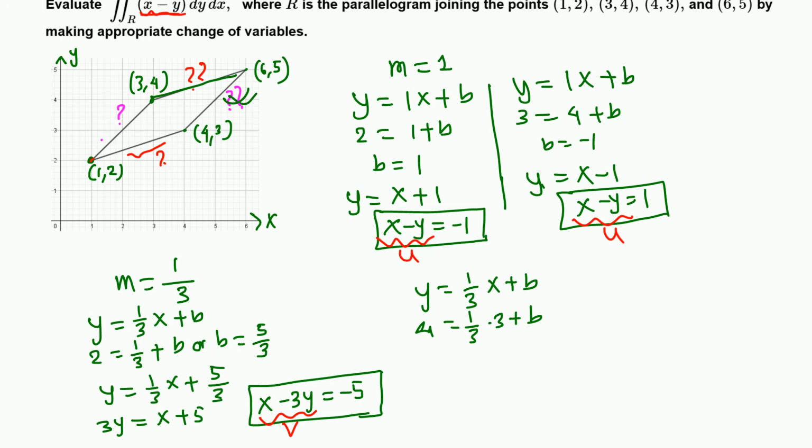The 3s cancel, 4 minus 1, b equals 3. Okay, that means y equals 1/3 x plus 3. Multiply through by 3, 3y equals x plus 9, which is the same as x minus 3y equals negative 9.